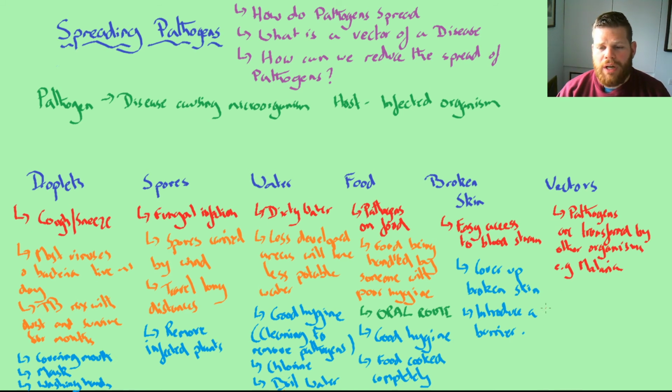So if we're looking at the example here, mosquitoes, what they will do, they will suck the blood of an infected individual. Can just about fit this in. Okay, and then they will transfer it to the next individual or to the next feed.